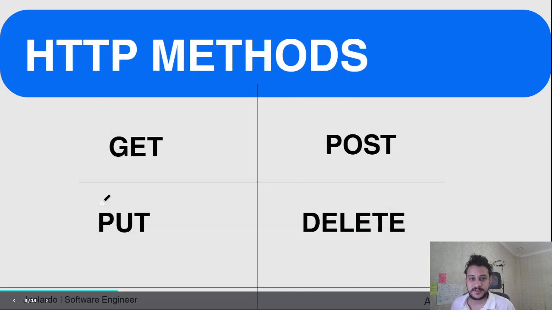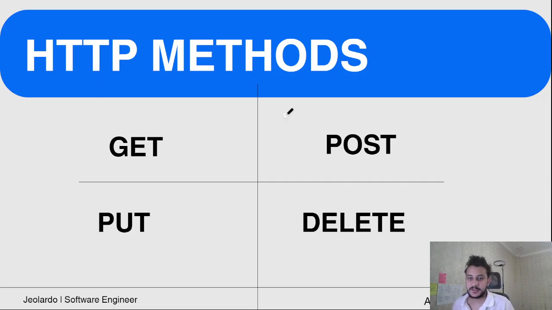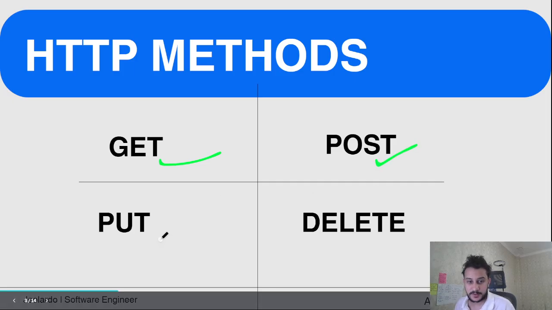So let's go to the next topic, which is the HTTP method, and here you use different ones depending on the logic. For example, if you want to get all the products, you can use get. For creating a product, use post, and for editing or updating some information of a product, you can use put.